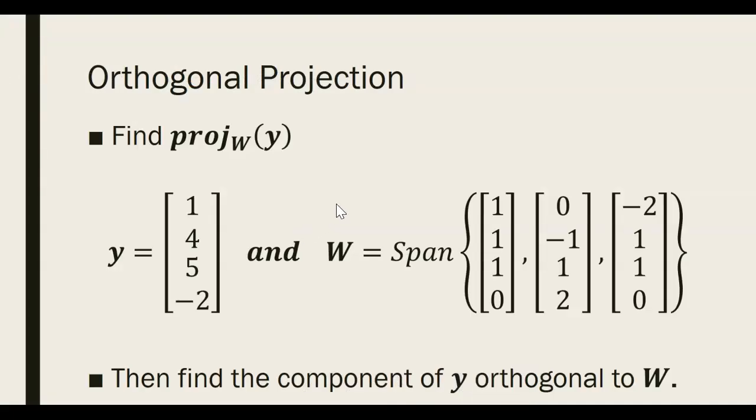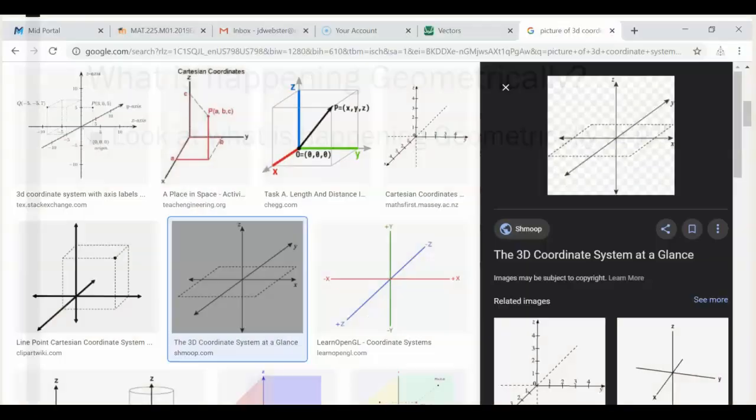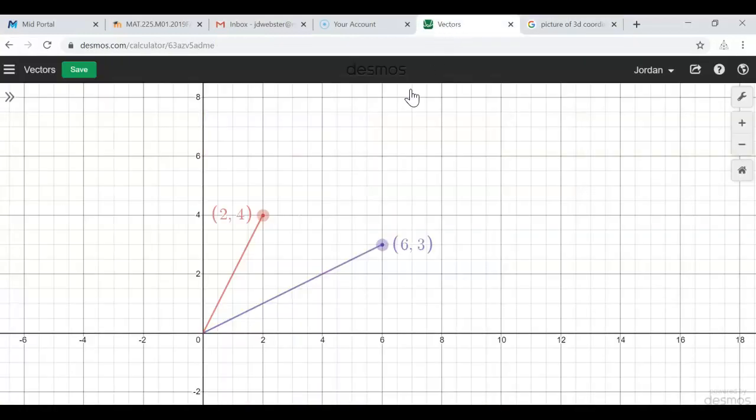So there you go. Now, I want to take a moment to think about what is really happening geometrically in Rn. We did this last time with R2, but we're going to also think of this in R3 as well. Let me remind you of what happened in R2.